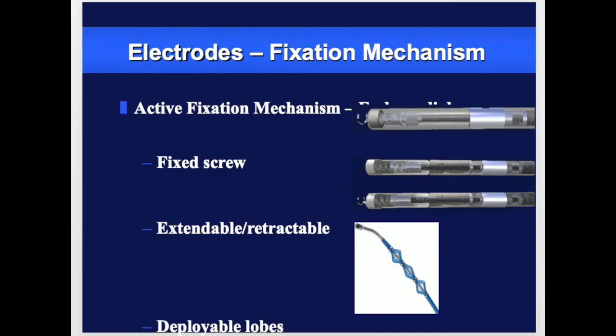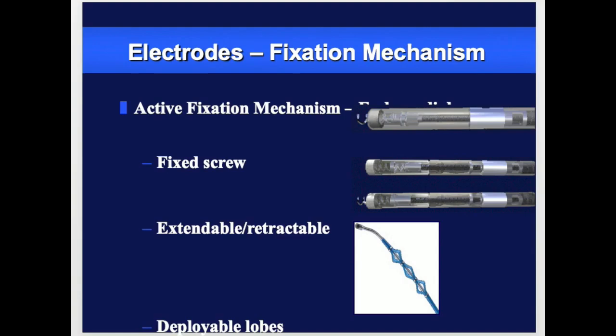The lead body must be turned in a counterclockwise rotation during insertion of the lead. Sense mapping can be done prior to fixing the screw to the myocardium. The lead body is then turned in a clockwise rotation to fix the screw to the myocardium.